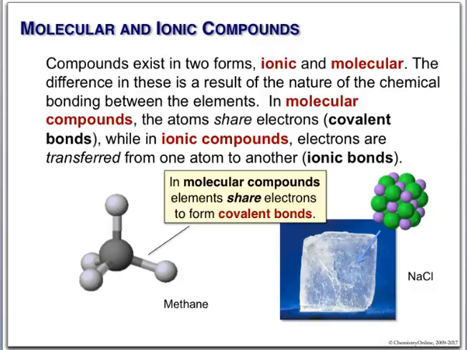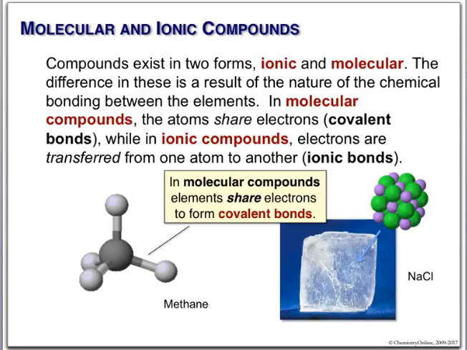So we make a total of 8 electrons on the carbon and 2 on each of the hydrogens. When we share electrons, we call those covalent bonds. A compound that has a covalent bond is called a molecular compound. It's a molecule.